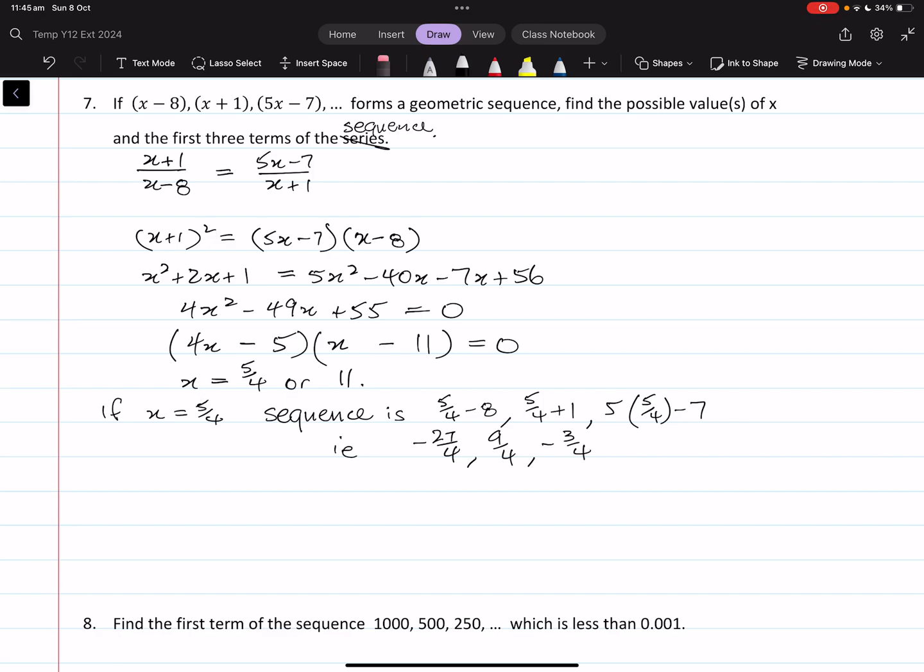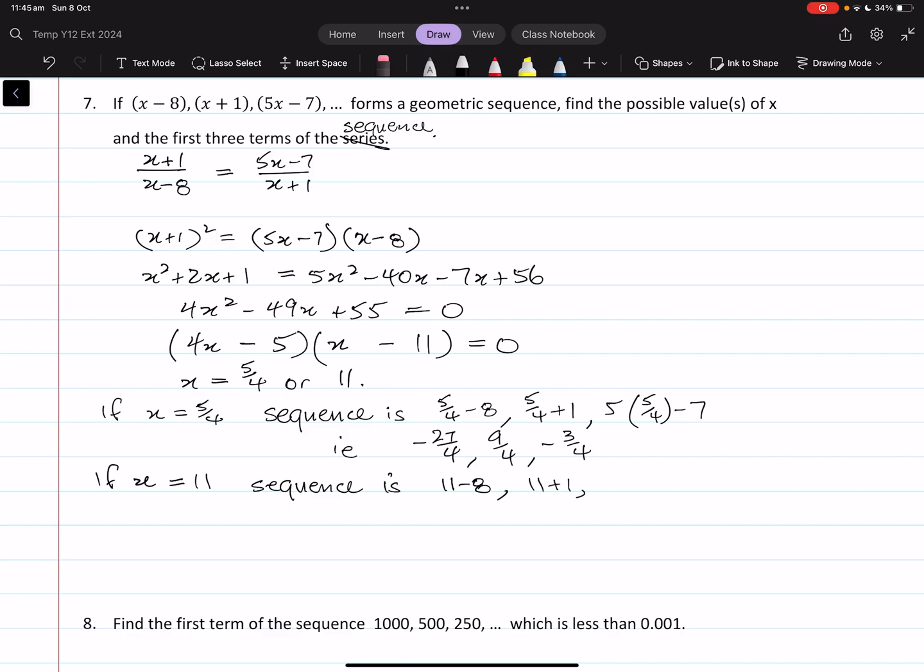All right, but there was a second possibility. If x was 11, then the sequence is, right, so we're doing x equals 11. So the first term is x minus 8, so that's going to be 11 minus 8. Next one is x plus 1, so 11 plus 1.